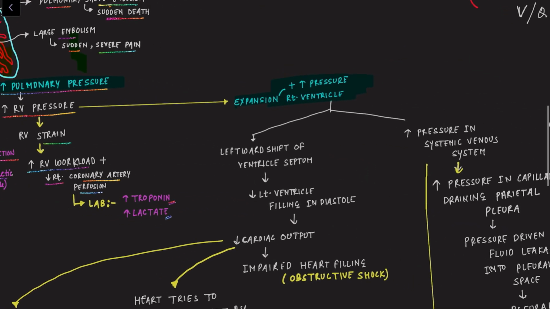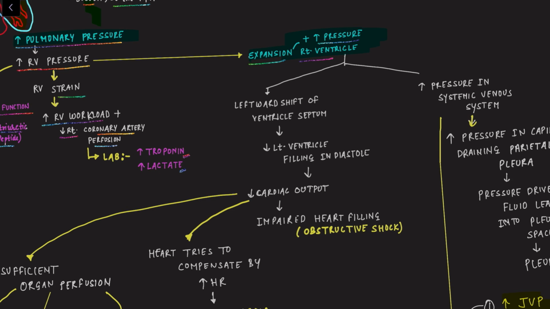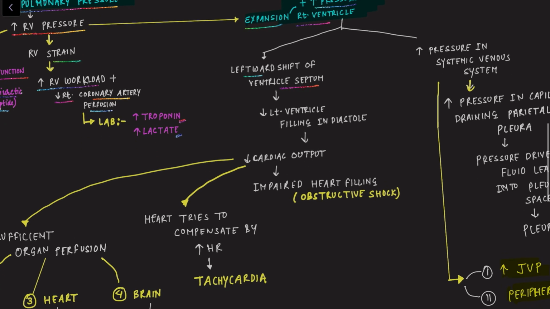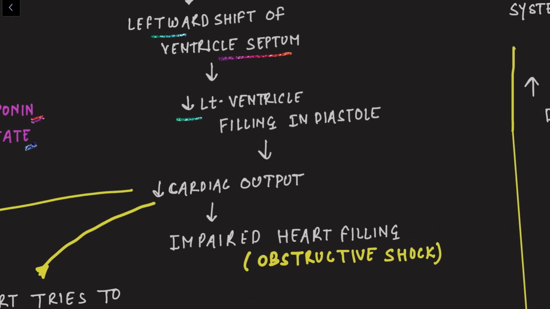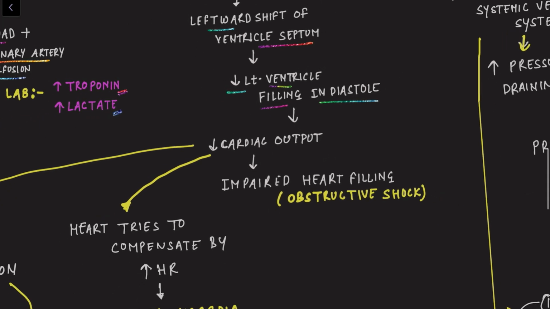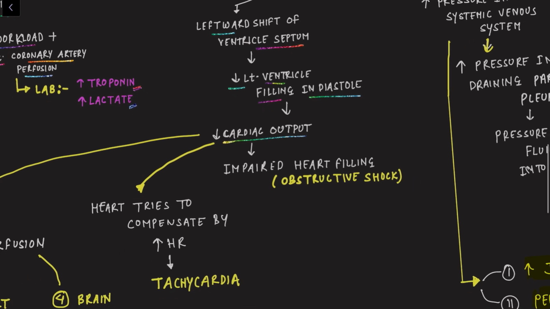Due to the increase in right ventricle pressure, there is expansion of the right ventricle and leftward shift of the interventricular septum, and that decreases left ventricular filling in diastole. Decreased filling means decreased cardiac output.